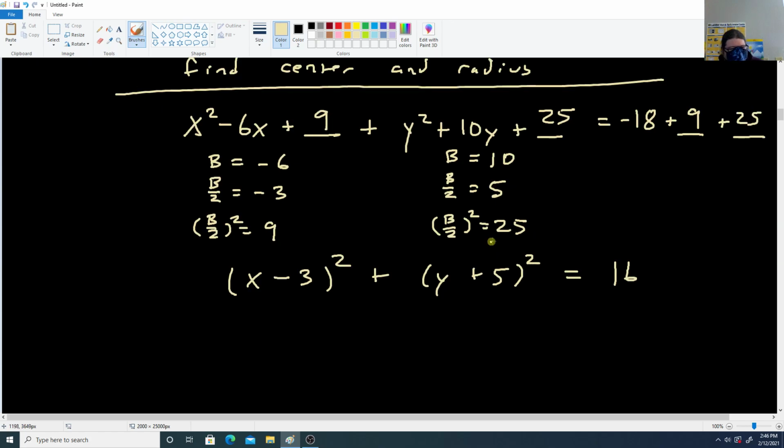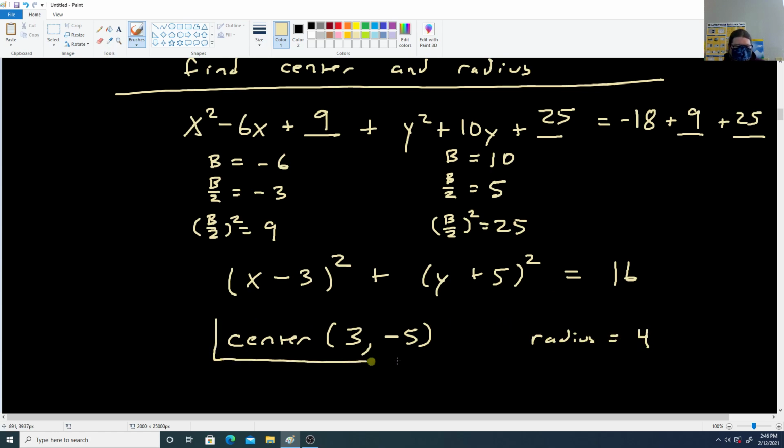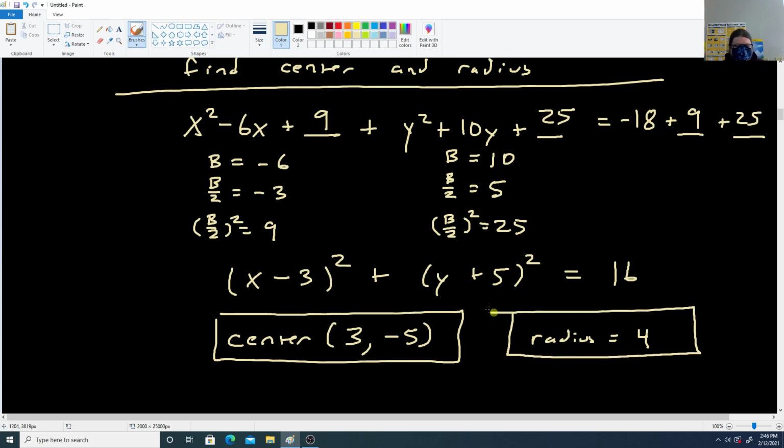So we get our equation like this, and now we just got to extract the center. If we have an x minus 3, a positive 3 is the center, negative 5 is the y value of the center. Square root of 16 is 4, so radius would equal 4. So we have the center of our circle and the radius of our circle.